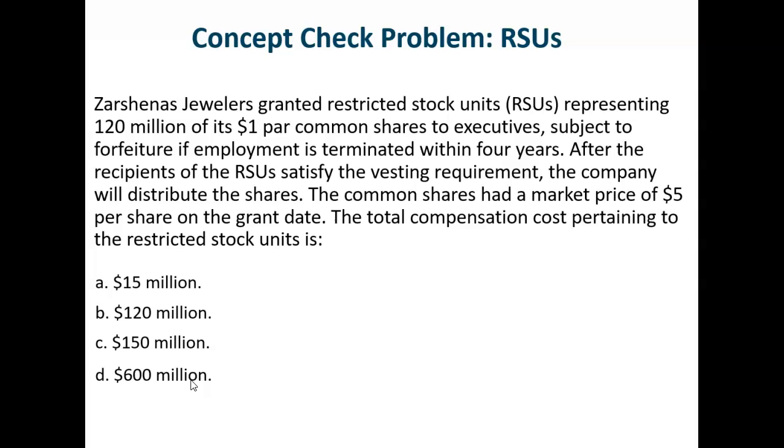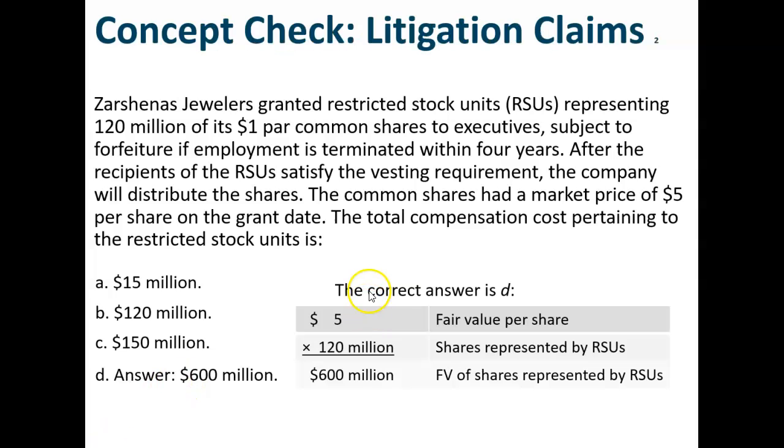Please pause the video to prepare your calculations and choose your answer. Then start the video again to check your work. The correct answer is D. We have 120 million shares times $5 per share market price equals total compensation of $600 million.